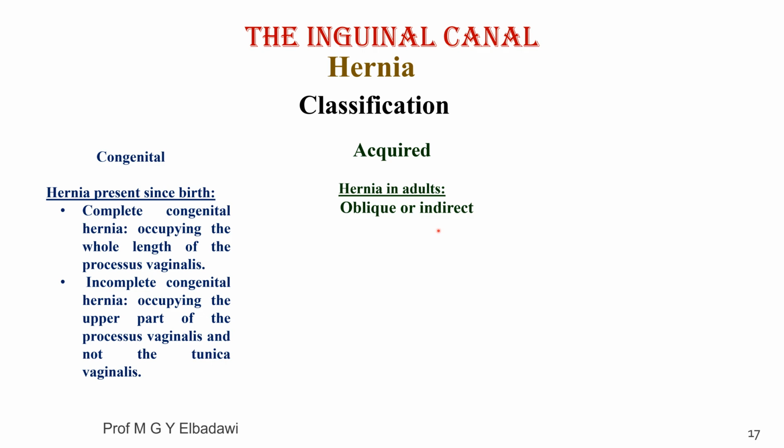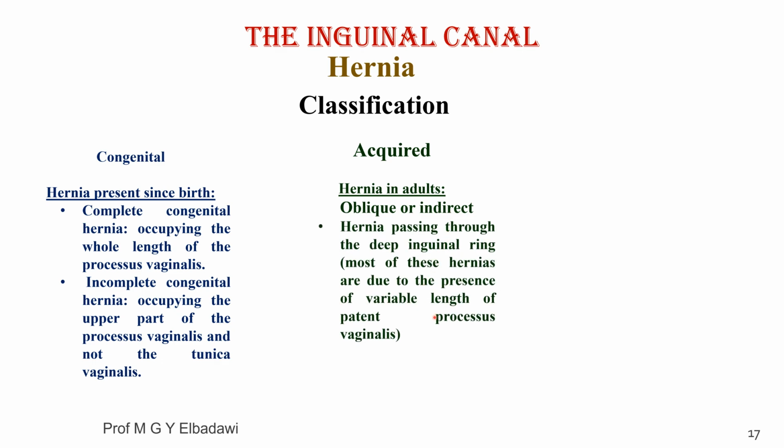While the hernia in the adults, we said, is oblique or direct, or indirect, which passes through the deep ring. Most of those hernias are due to the presence of variable lengths of patent processus vaginalis, as described like that.